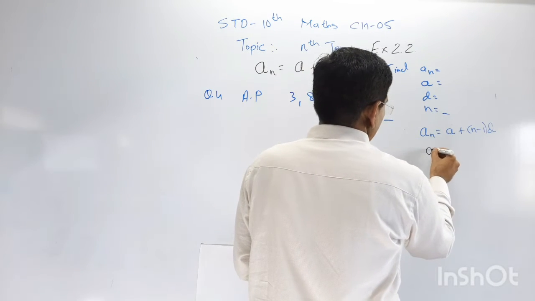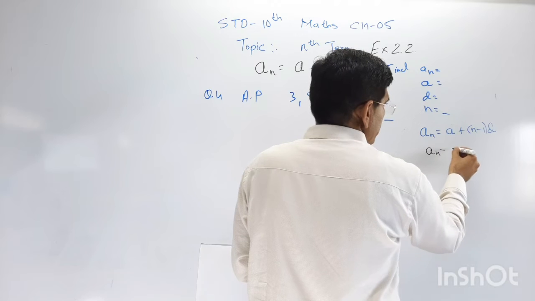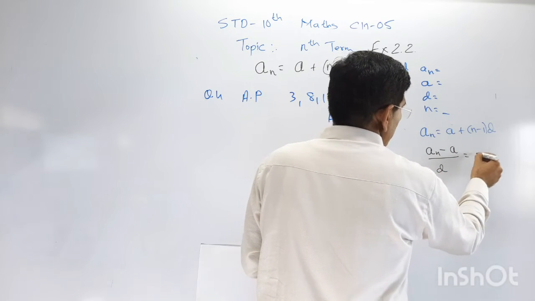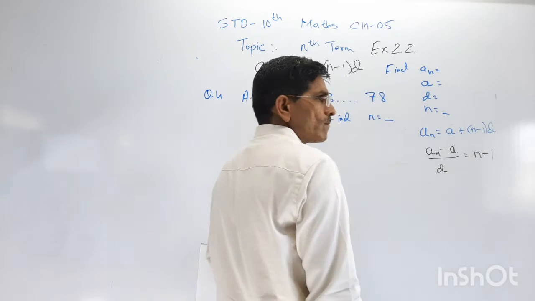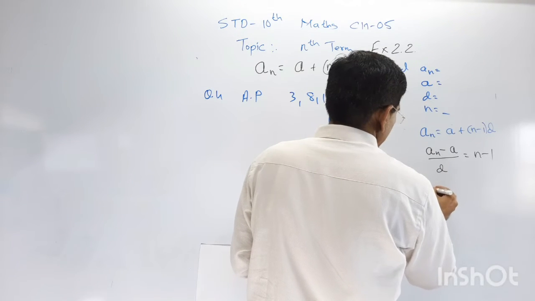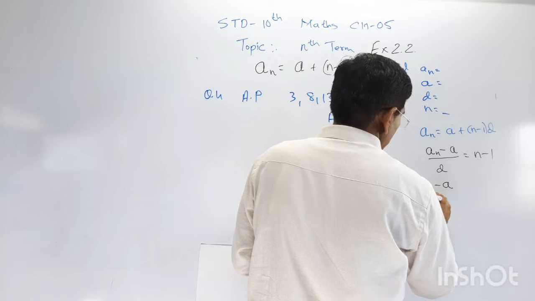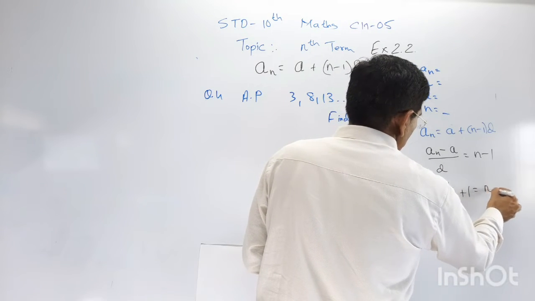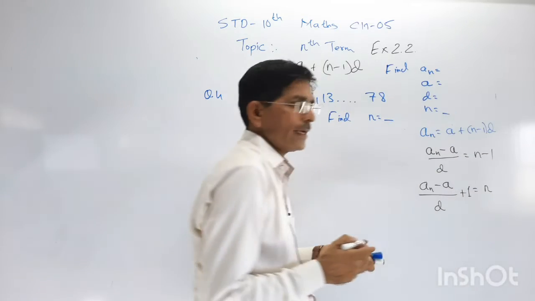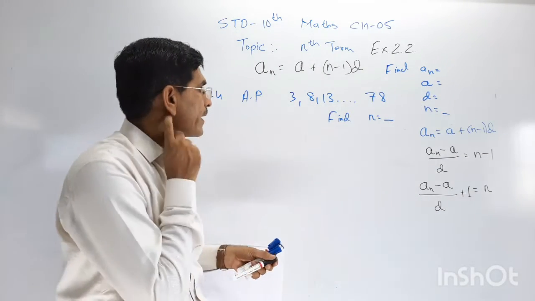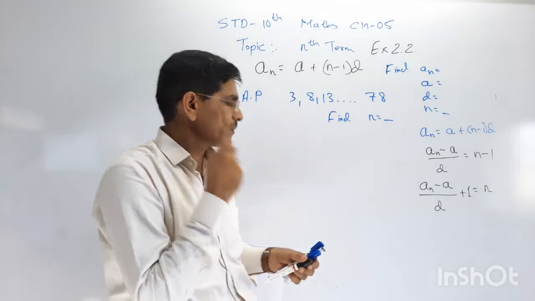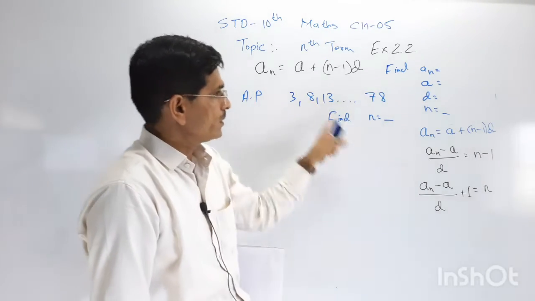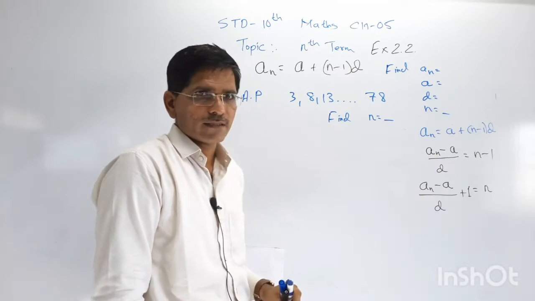So an minus a divided by d is equal to n minus 1. So an minus a upon d, plus 1, is equal to n. Now if I put all these three values here, we can get the answer.